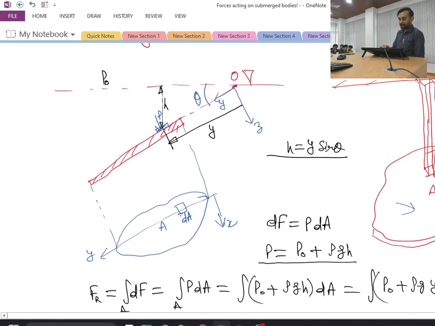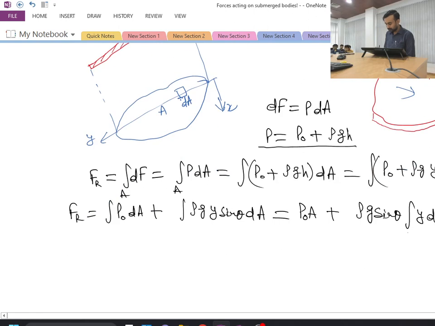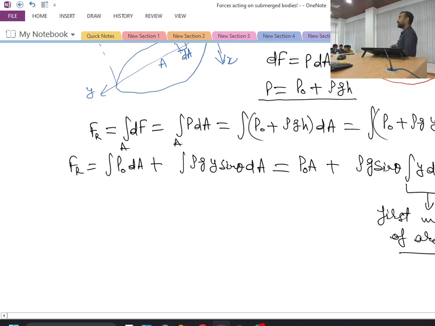With reference to point O, I am multiplying y with dA. This particular term is called the first moment of area.